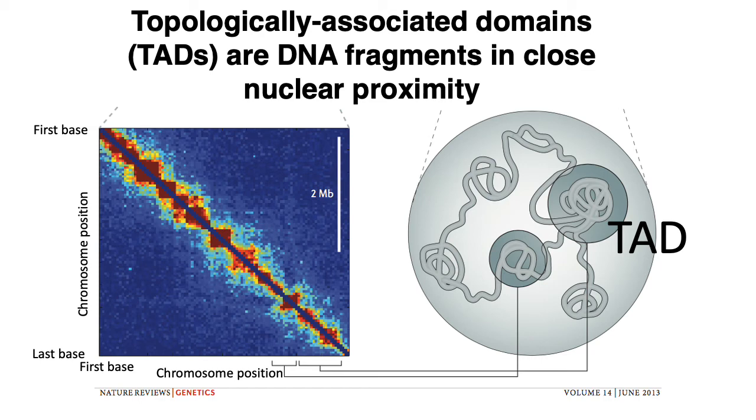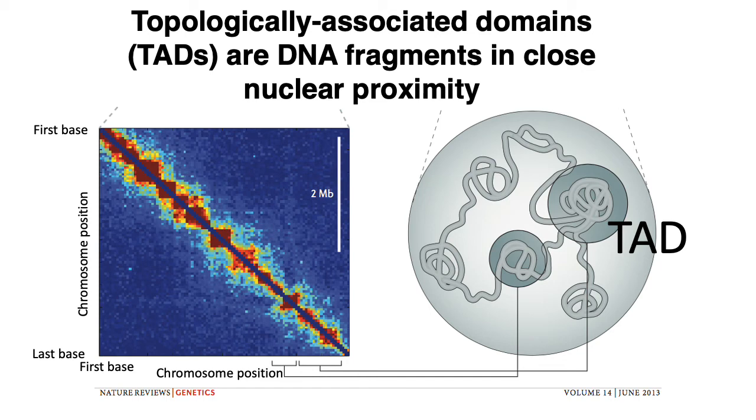When a box on this heat map is blue, that tells you that on average, the corresponding row and column, those two different fragments of the chromosome, don't really come in close 3D contact in your experiment. You didn't find many chimeric reads that originated from those two different positions.